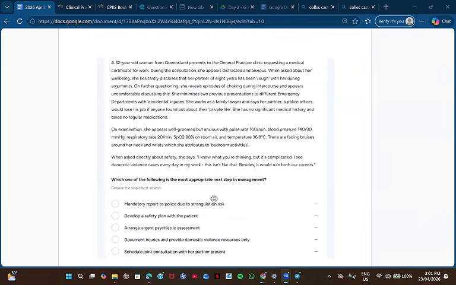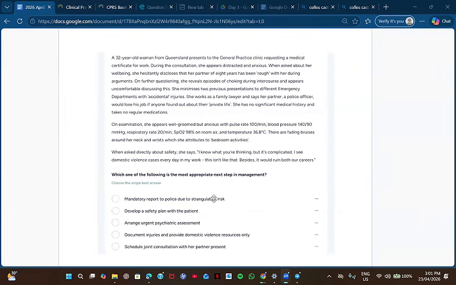This is a question. A 32-year-old woman from Queensland presents to a GP clinic requesting a medical certificate for work. During the consultation, she appeared distracted and anxious. When asked about her well-being, she hesitantly disclosed that her partner of 8 years has been rough with her during arguments.